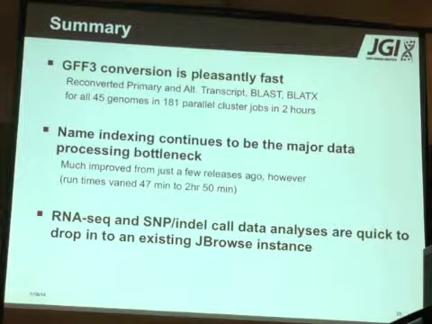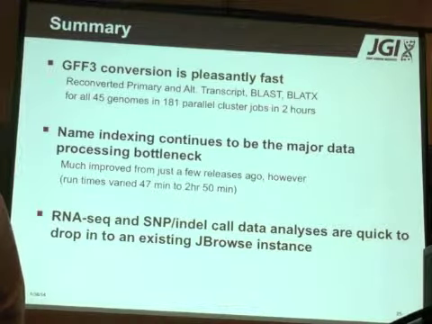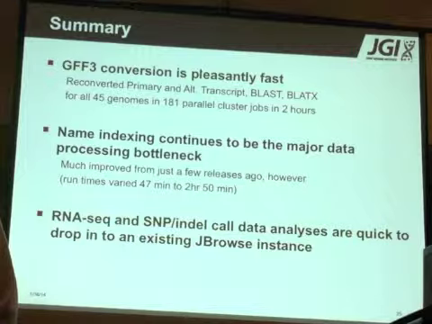So name indexing is certainly much better. The major problems I seem to be having now are disk I/O on the cluster. But that's a problem everyone faces dealing with the compute cluster. So runtimes, for whatever reason, are really wildly varied.